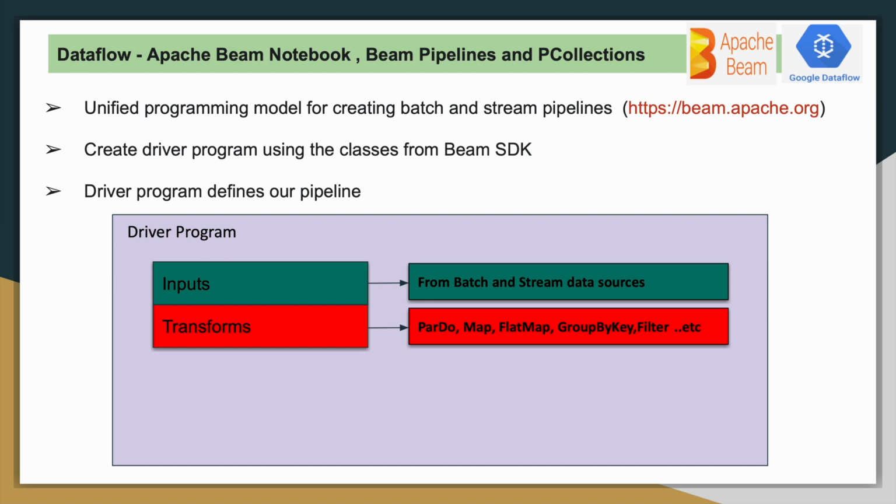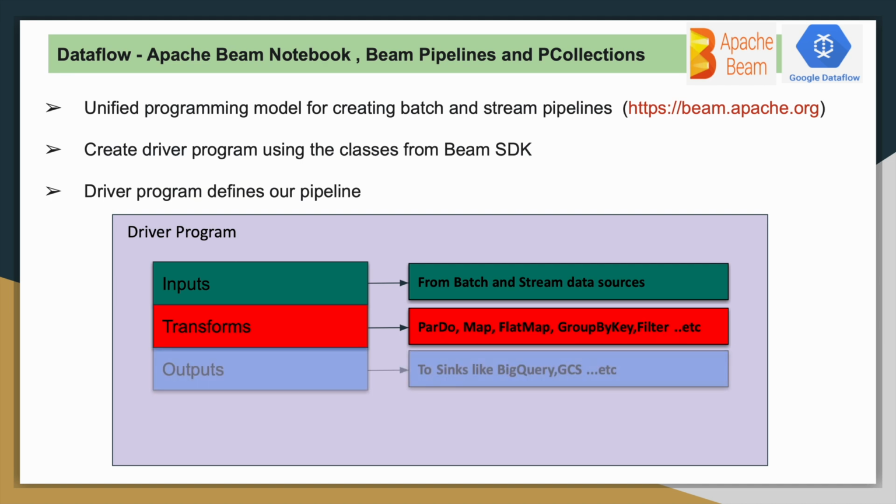We also call it a PTransform. There are many built-in PTransforms coming from the Apache Beam SDK, like map, flat map, group by, co-group by, etc. If you have to create your own logic, or user-defined logic, we'll use ParDo.